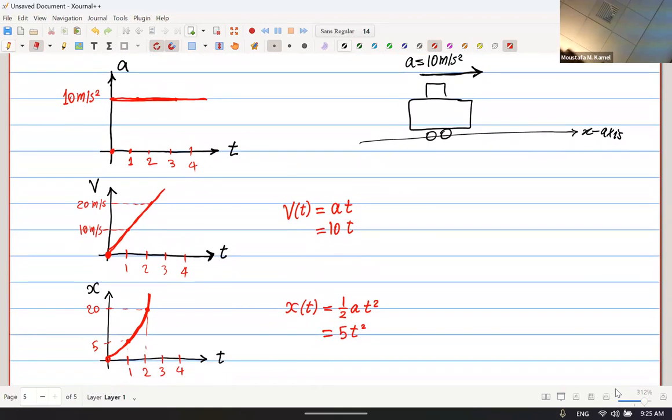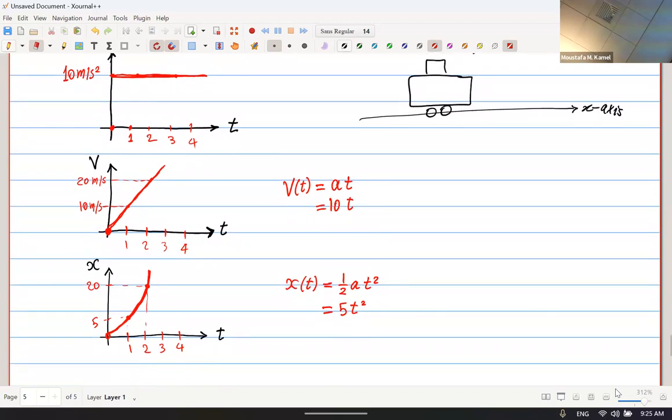Because you move your hand, which is a physical motion, and if you move it fast, you see the velocity graph goes up. And if you move your hand far away from the detector, you'll find the position versus time graph goes up. So this is just a warm up for tomorrow's lab.